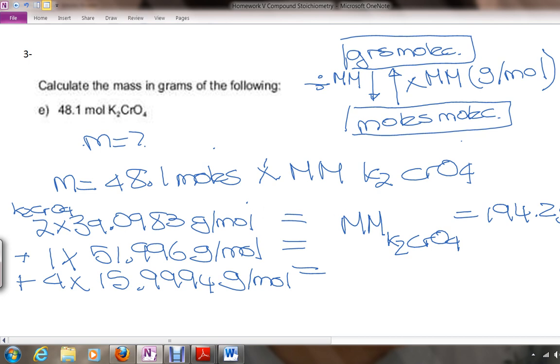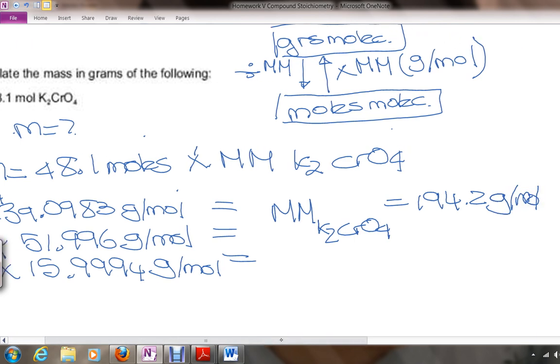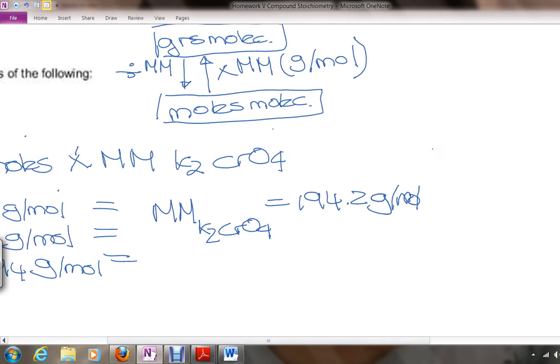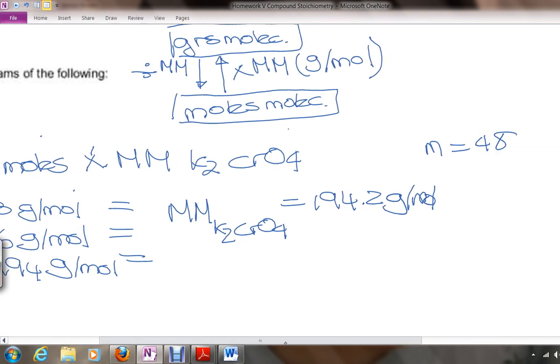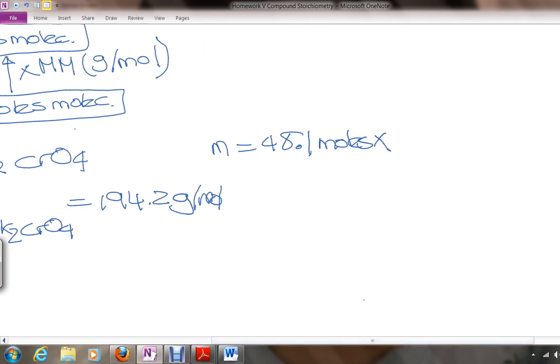So now what do you have to do? You go ahead and multiply 48.11 moles, and it's going to be the mass of the compound. You multiply by 194.2 grams per mole.